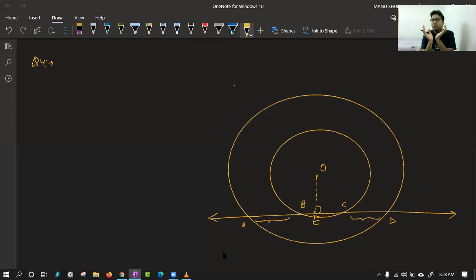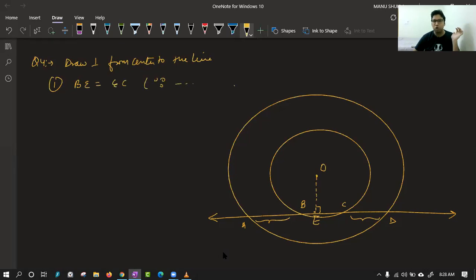So BC is a chord of smaller circle. The perpendicular will bisect it. So first construction is draw perpendicular from center to the line. First we will get BE is equal to EC, and you will write the reason over here that perpendicular from center to the chord bisects the chord.